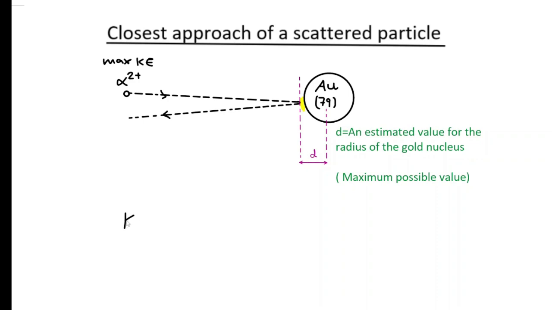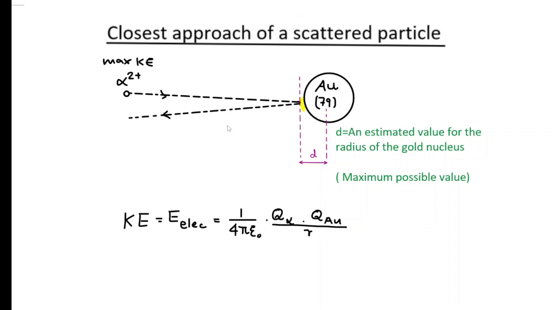The kinetic energy lost by the alpha particle is converted into 1 over 4 pi epsilon naught, where epsilon naught is the permittivity of free space, 8.85 times 10 to the power of negative 12 farads per meter, multiplied by the charge of an alpha particle times the charge of the gold nucleus, divided by the radius.